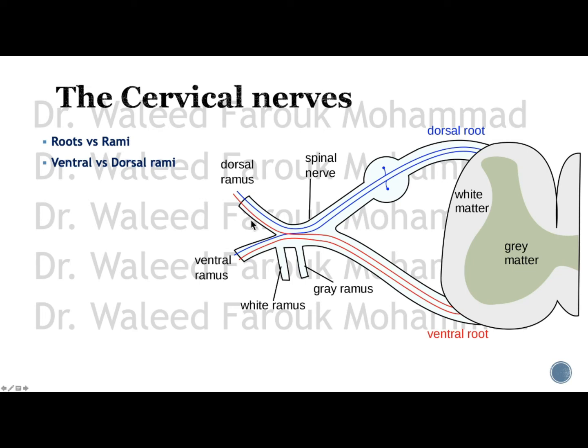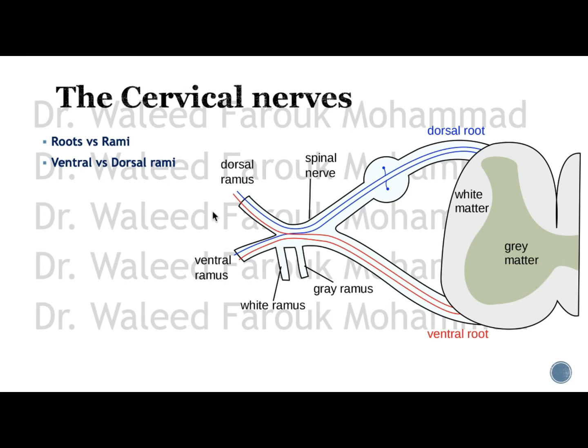So you have cervical dorsal rami, thoracic dorsal rami, lumbar and sacral dorsal rami. They do not form plexuses. What's their destination? To supply the skin and muscles of the back proper. The back of head, back of neck, and the back proper till the coccyx, back of coccyx. Okay, please, this is very important.